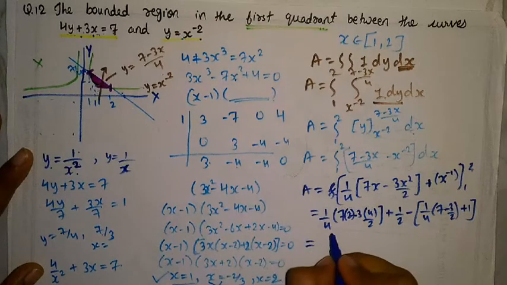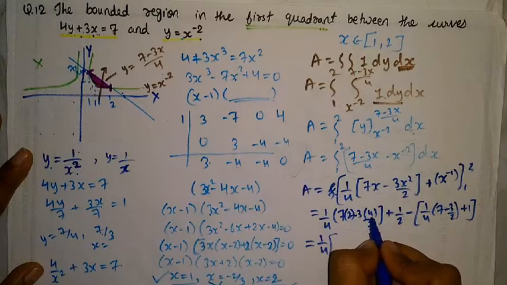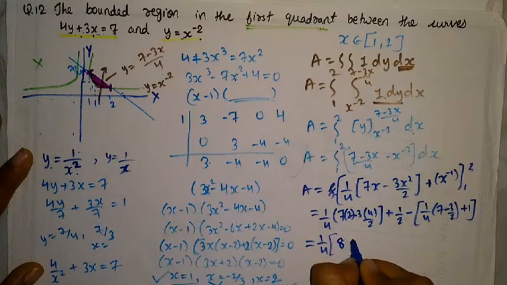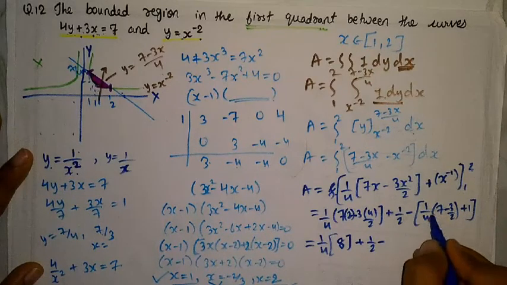Now solving this we get 1 by 4 into 7 to the 14 minus 6, 14 minus 6 is 8, plus 1 by 2 minus 1 by 4.